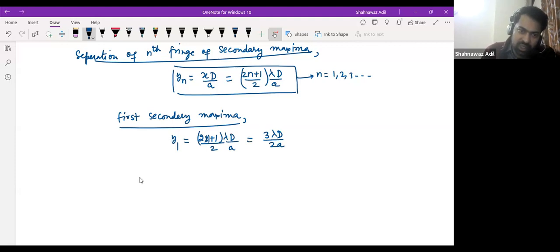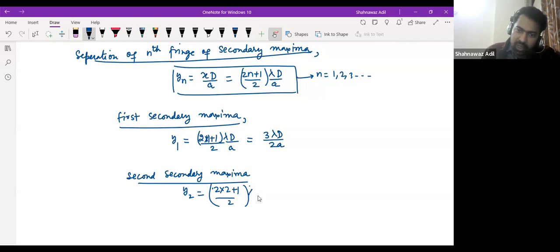And then you have the second secondary maxima. That is y2, which is (2 times 2 plus 1) by 2 times lambda d by a.